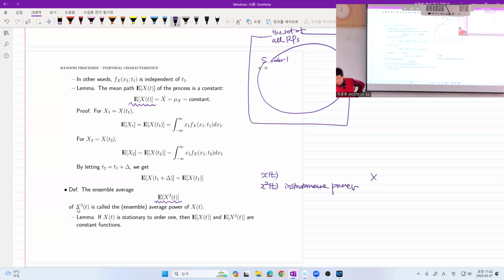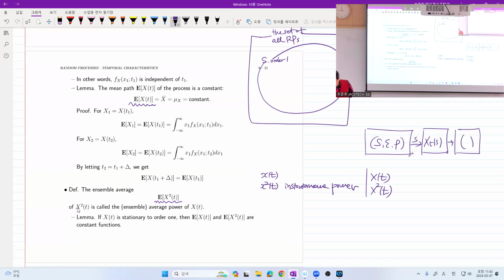So given a random process, if you square it, you have a new random process, right? Here is the underlying probability space, and you have a random process that is a mapping rule. But before you observe, you have a squaring device that takes a time function and generates another time function. And this output is called x squared of t in this case. Got it?